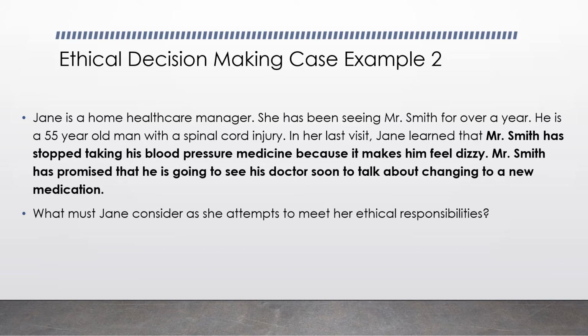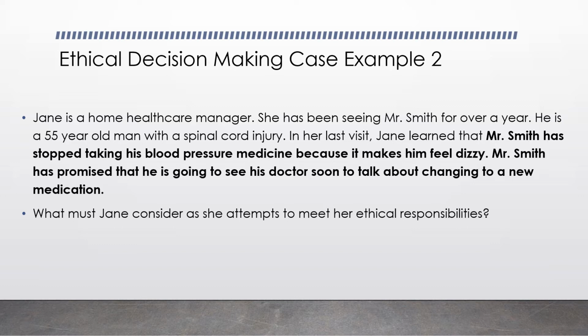And just like we saw in the ethical decision-making chart, if Jane truly believes that Mr. Smith is at imminent risk of a heart attack or something like that, his health is at imminent risk, she may need to break confidentiality. She may need to call an ambulance. She may need to call his doctor.